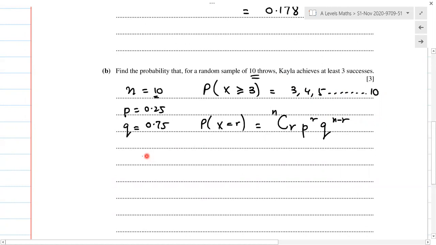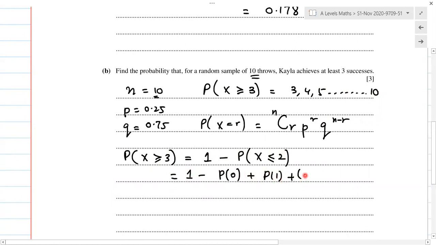The easier way of doing this is to write the probability of x being greater than or equal to 3 as 1 minus the probability of x less than or equal to 2, which is going to give us 1 minus the probability of 0 plus probability of 1 plus probability of 2. So if we add the probability of 0, 1, and 2 and subtract all of these 3 probabilities from 1, we will be getting the probability of getting 3 or more.